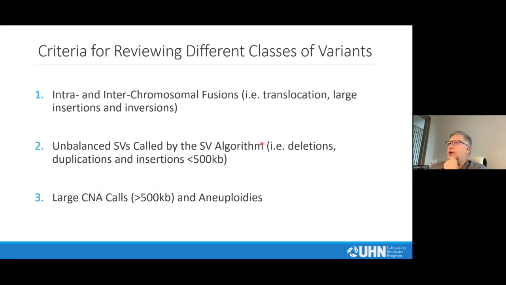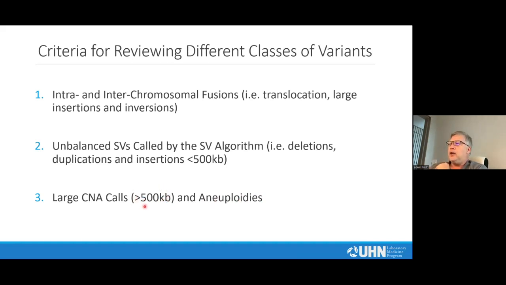So anything here, you're going to see these small calls called by the SV algorithm. These won't be called by the copy number algorithm. So you get your large CNA calls. We've normally in the software set the threshold at 500 kilobases for this. And of course, aneuploidies at the whole chromosome level.